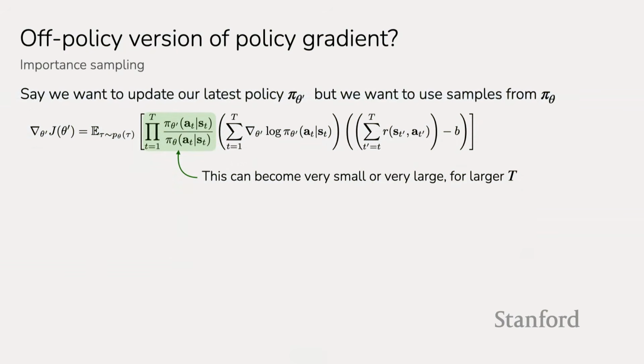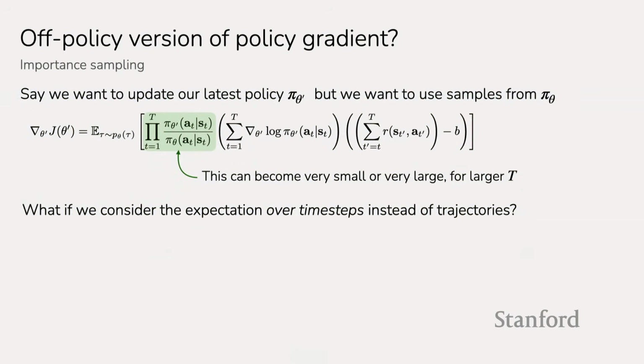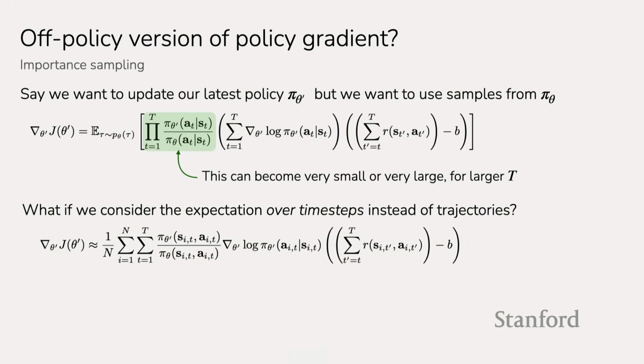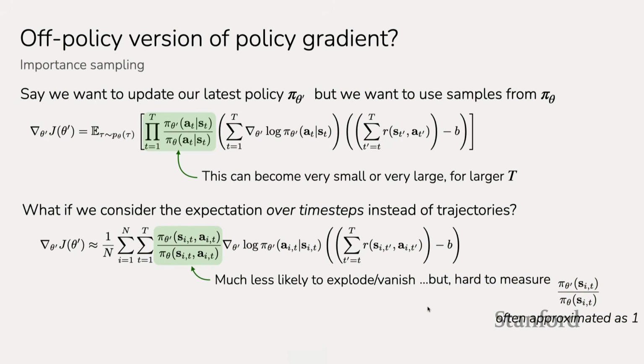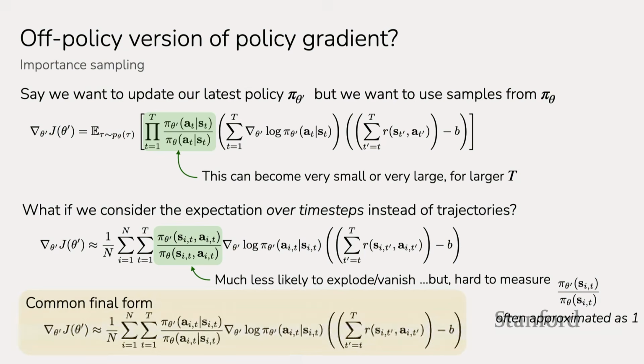And so in practice, we often consider the expectations over time steps instead of trajectories. That also has a little bit of a hitch, which is that this needs to be over state action pairs, rather than actions given states. But in practice, we can approximate this ratio as equal to 1. This is incorrect, but it's the best that we can do.